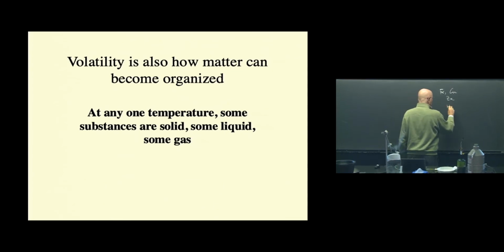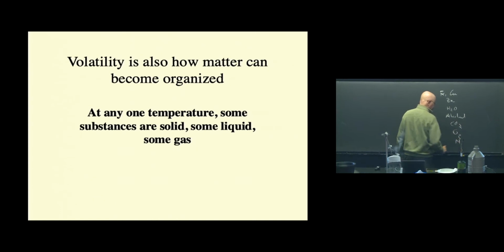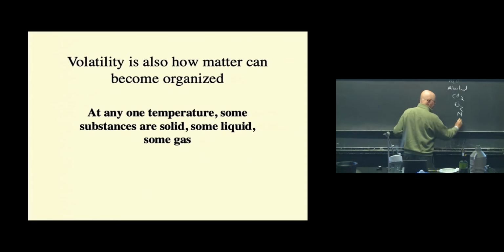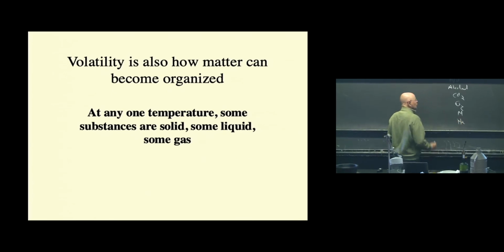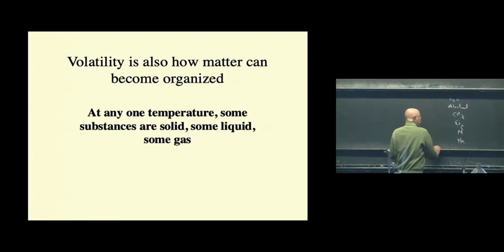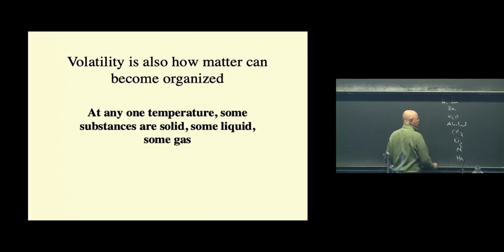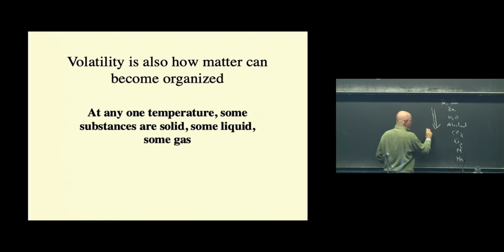So we'd have water here, and then alcohol, then CO2, then oxygen, then nitrogen. We'd have noble gases way down at the bottom, helium. And so we have this sequence of increasing refractoriness going up, and as we go down, increasing volatility.